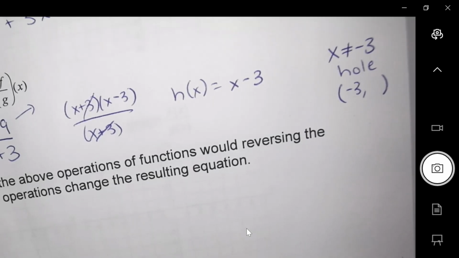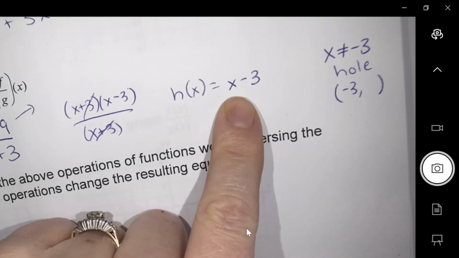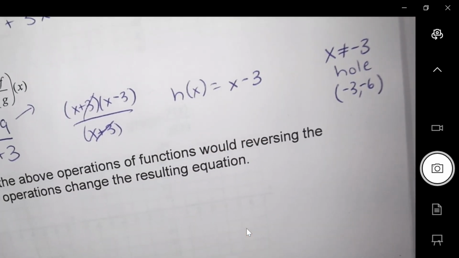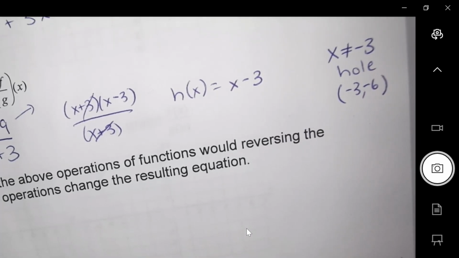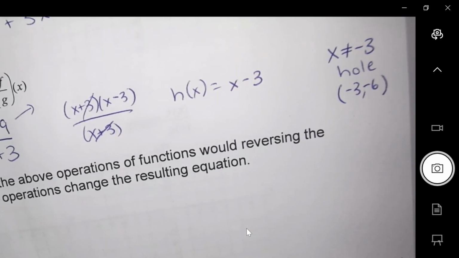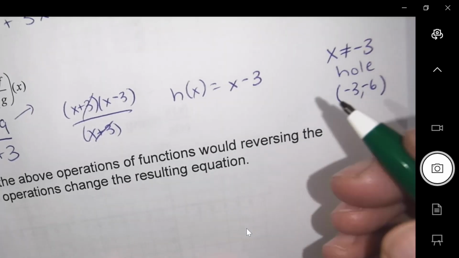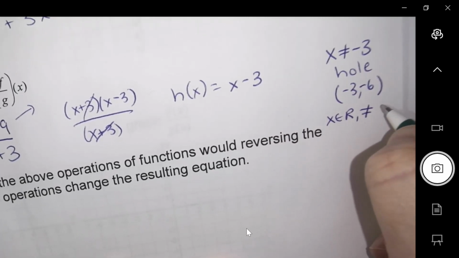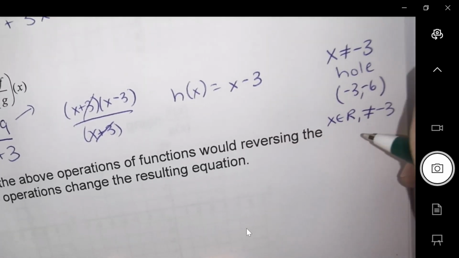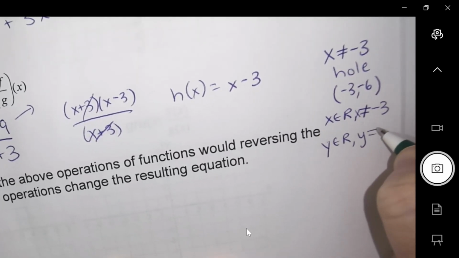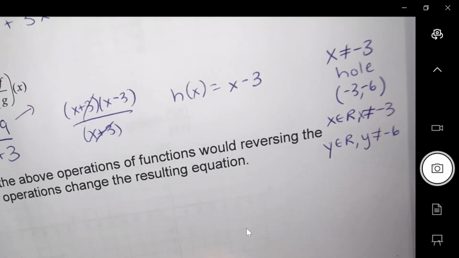What? Plug negative 3 in there. Negative 6. So now if I ever asked any questions about what is the domain or range, your domain would be x is any real number except negative 3, and y is any real number except negative 6.